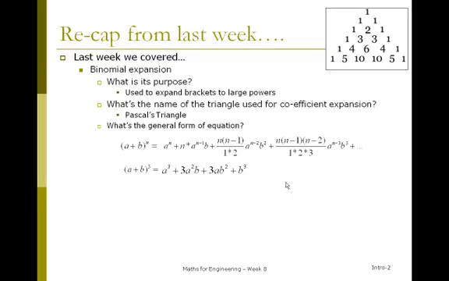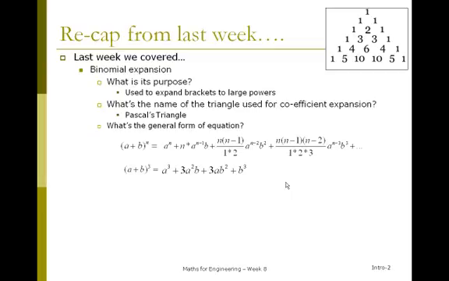So we have a cubed on the far left, then a squared, then a, and on the right hand side there's no a component at all, it's b cubed. Likewise, b reduces, but it reduces from right to left. So at the end you have b cubed, then moving one step to the left you have b squared, a further step to the left you have b, and then at the start there's no b component at all.